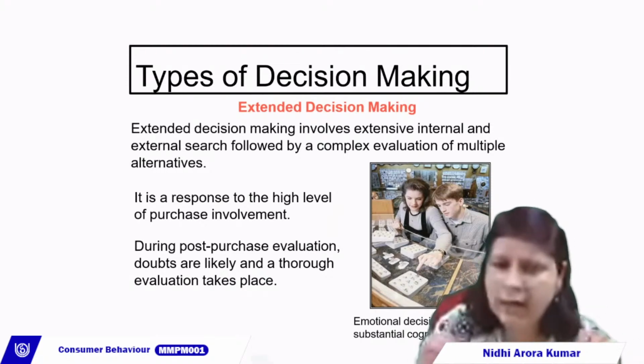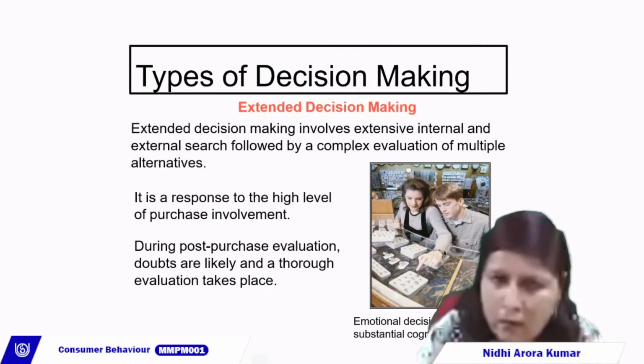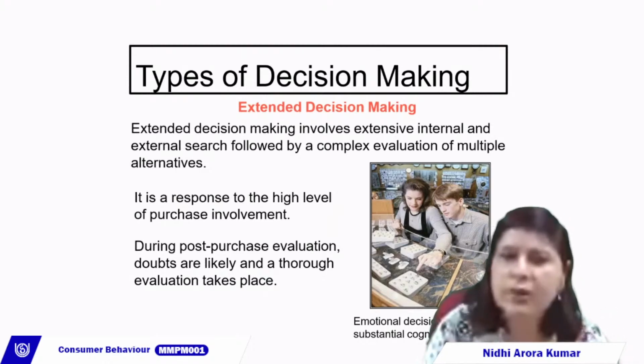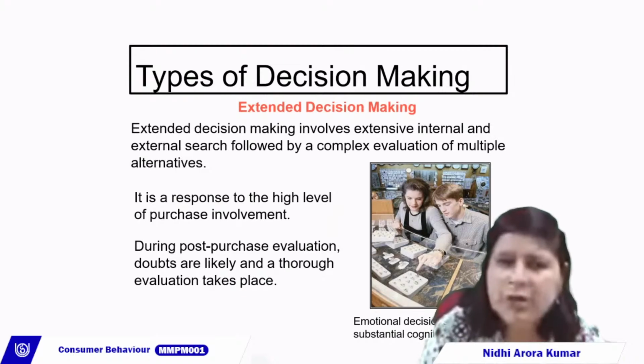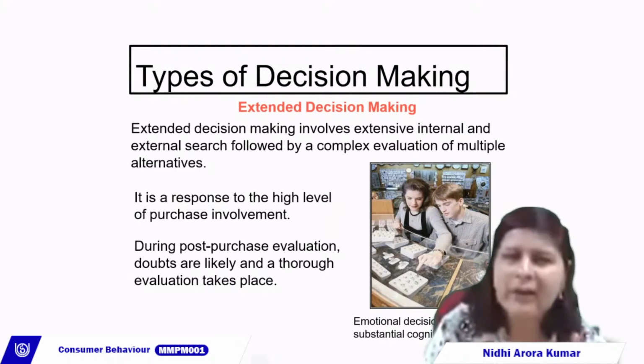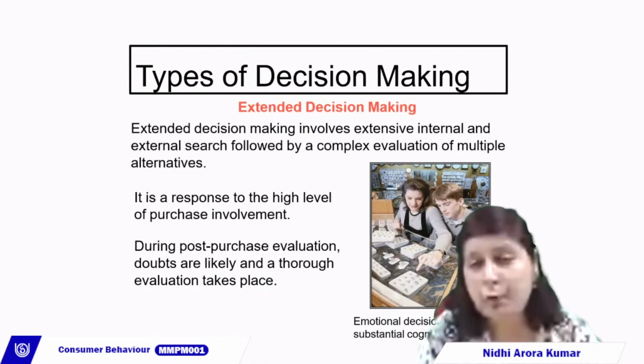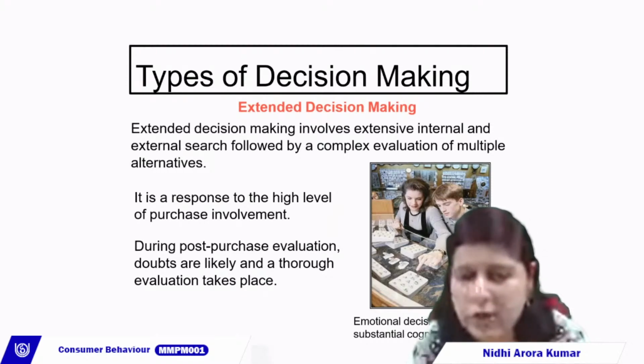I'll inquire extensively, and this extensive search will be followed by the evaluation of the multiple alternatives. High purchase involvement will be there, and then the post purchase evaluation would be there.